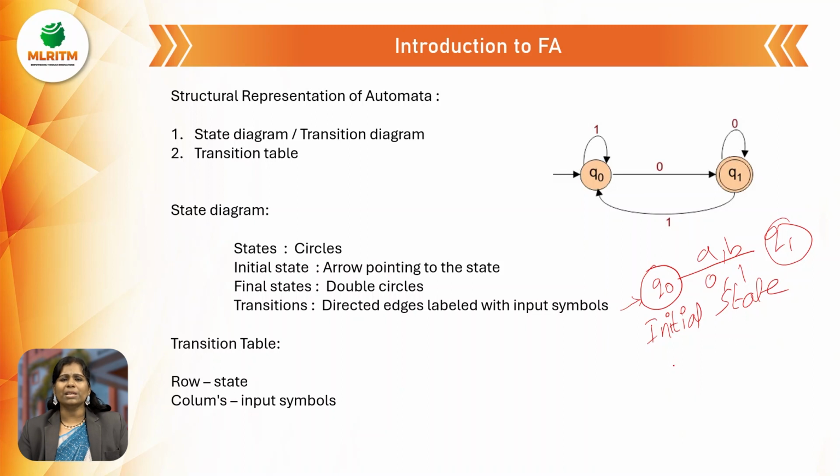So by using the transition function, we move from one state to another state on the input symbols. Next, the transition table contains rows and columns. The rows represent the states. For the above problem, I am constructing the transition table.